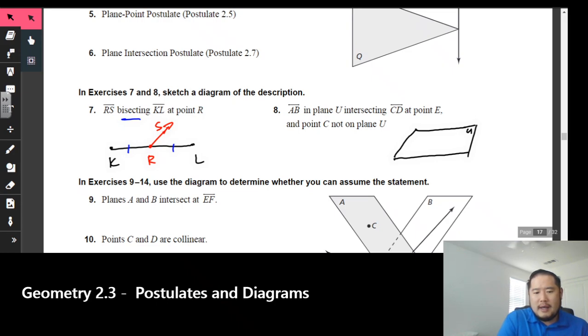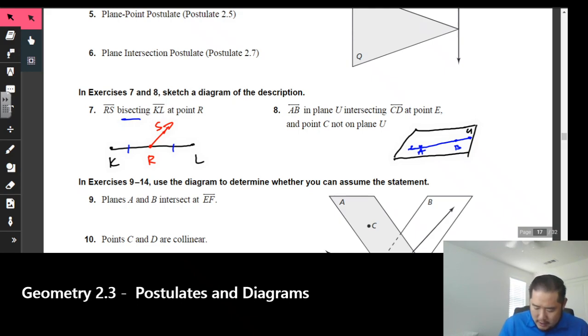So line AB is in the plane. We need these 2 points, A and B. I'll draw that out, line AB, and then intersecting CD at point E. But point C is not on the plane.